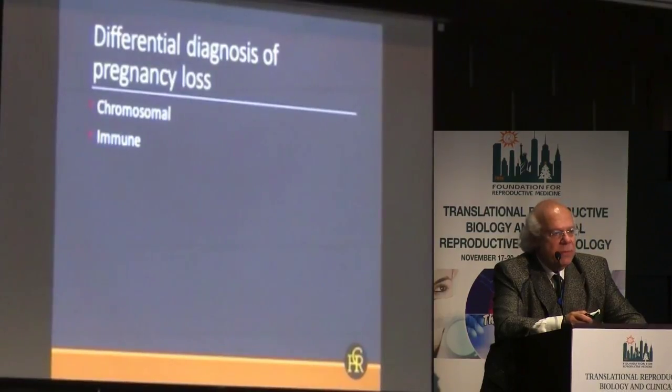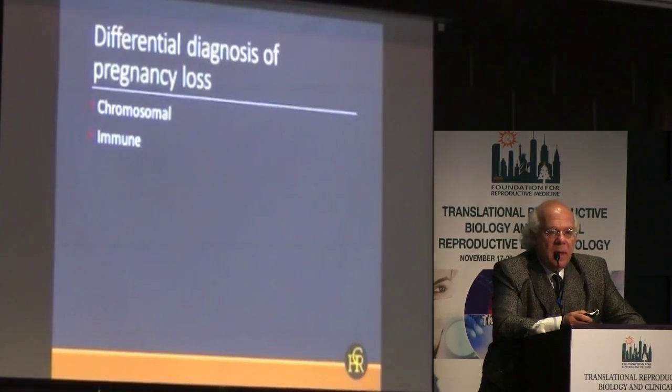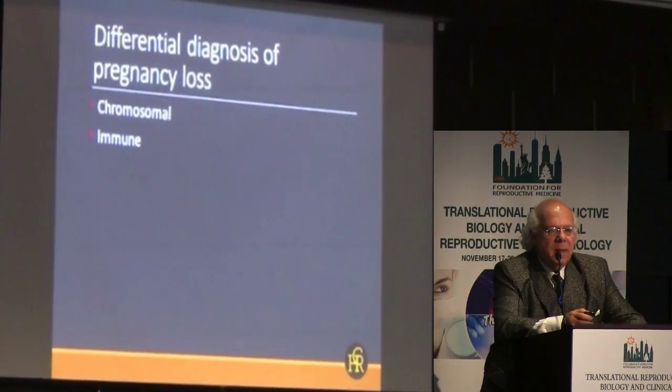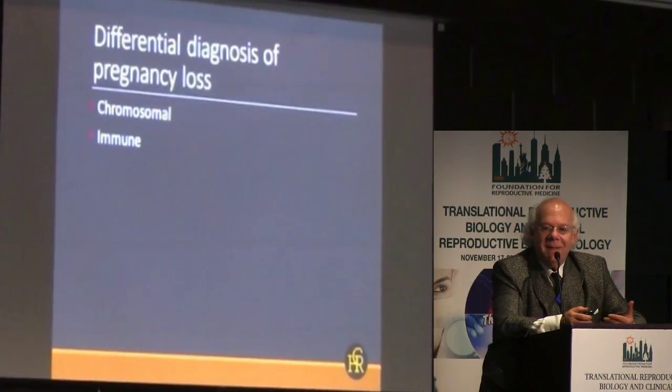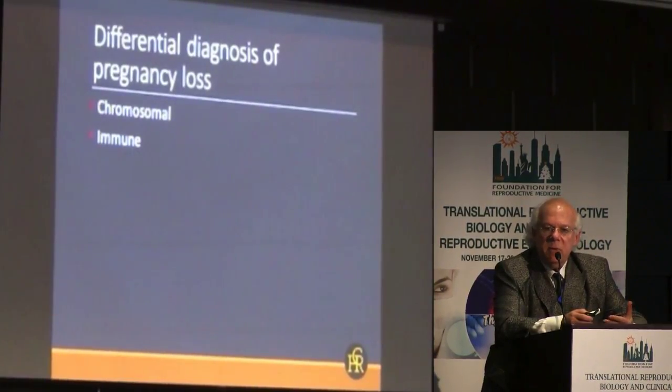Likely the second most frequent cause of a miscarriage is, however, immune. And once again, same point, while your first assumption should always be that it is chromosomal, don't forget that the second most frequent cause is immune.